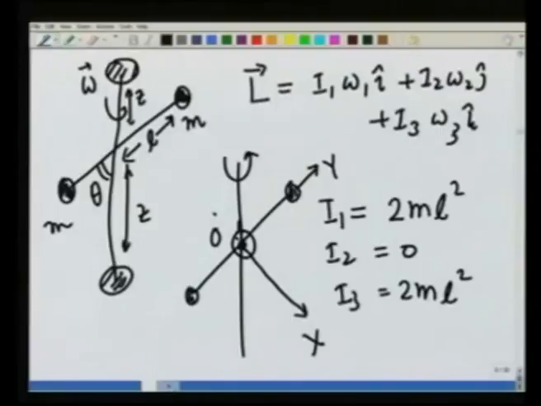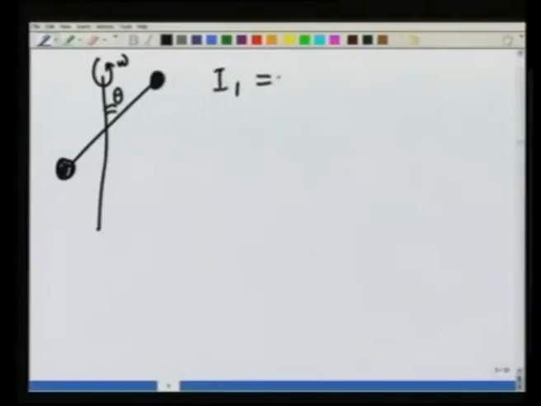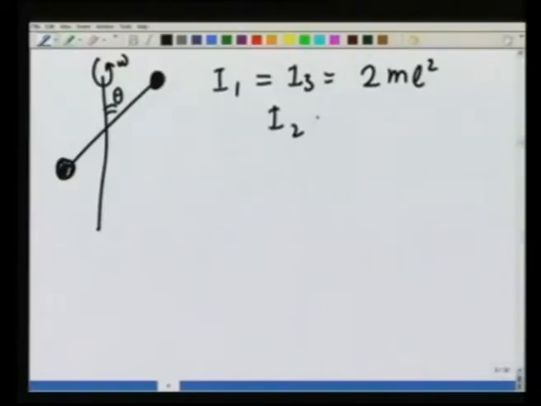Let me go to the next screen and show you. This is the body, this is omega, this is theta. I1 is equal to I3 is equal to 2mL squared, I2 is 0.